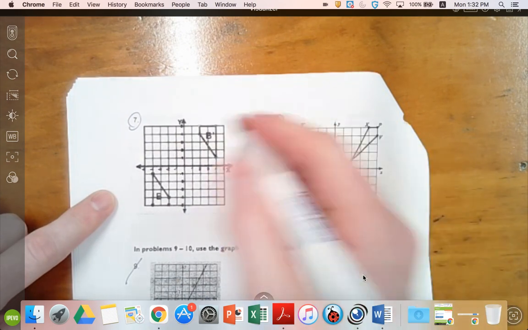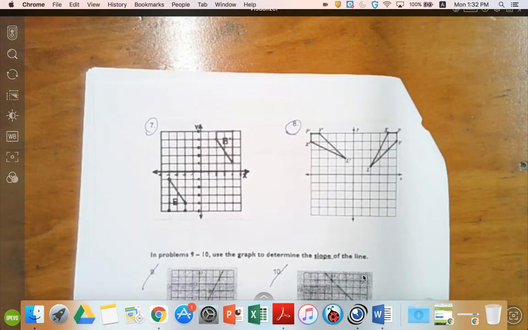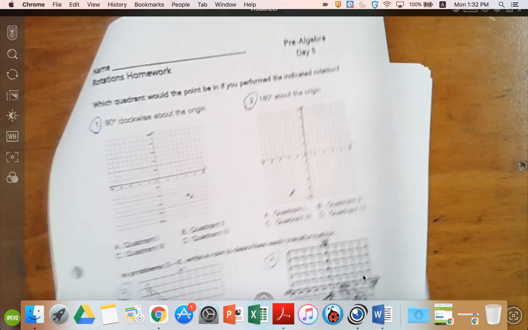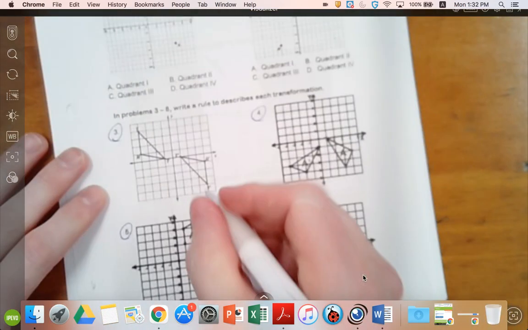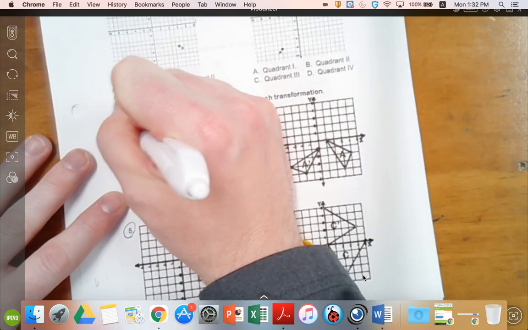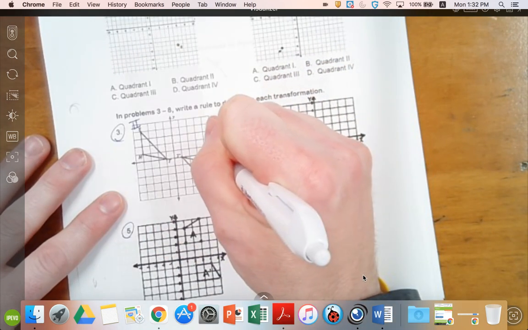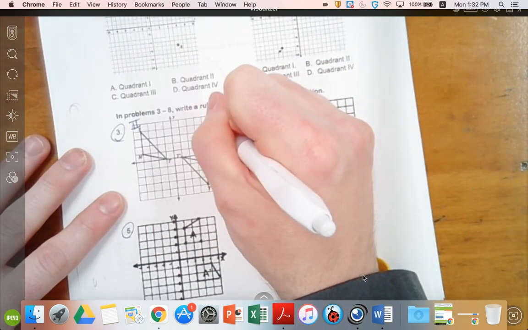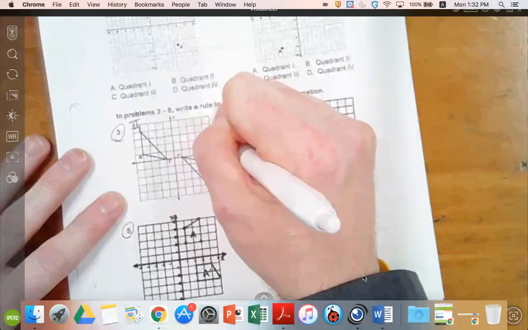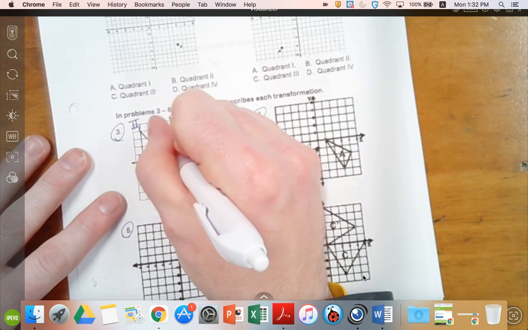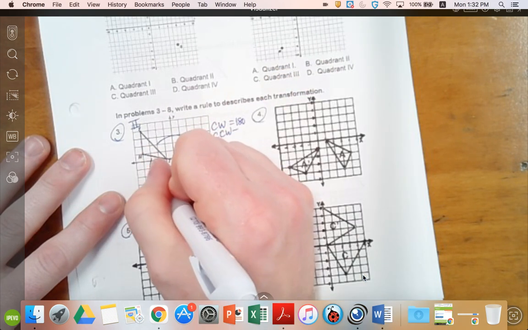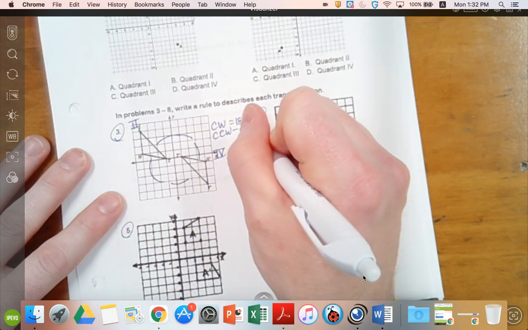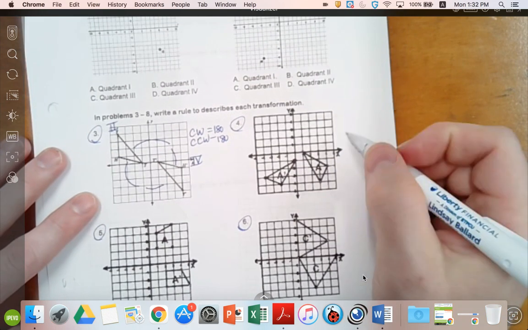3 through 8 are going to be the same way. All you need to do, just like we did on our thing, you're going to tell me the rules. You're going to tell me how did it move clockwise? How much did it move counterclockwise? So you see here, this one moved 2. So you'd say 180. And it would move 2 going that way. So it's 180. Then you just go to the next one.